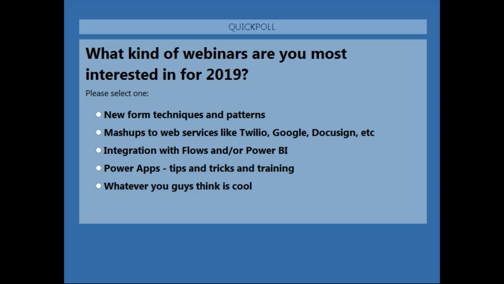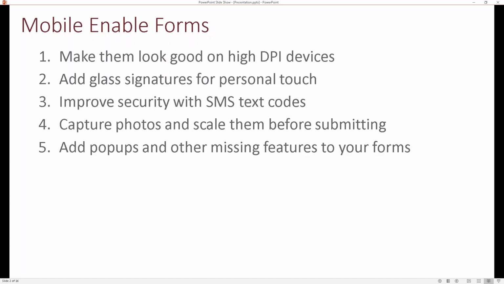We focused on new techniques, new cool web service connections, and Power Apps and Power BI. And it looks like about half of you want the Power Apps and Power BI stuff, about 29% each, and new techniques is about the same, and then there's a couple people saying mashups. So thanks a lot for answering that first poll.